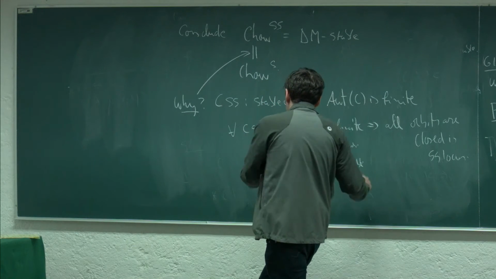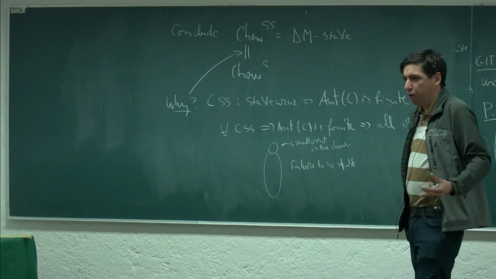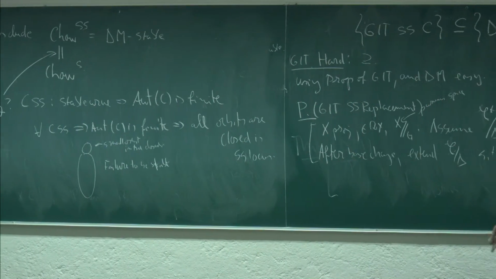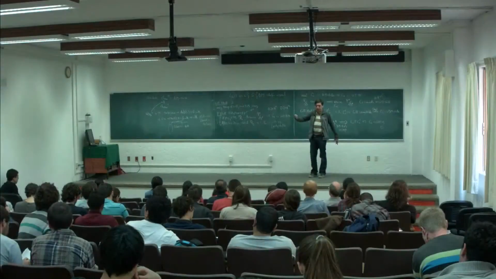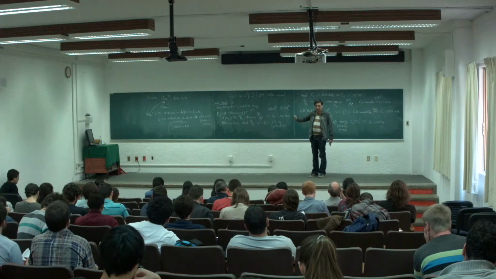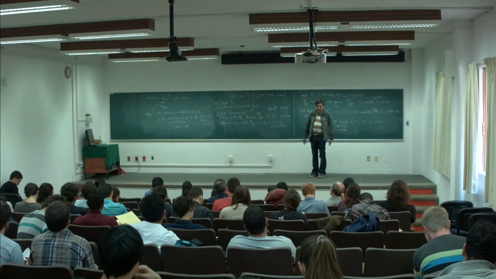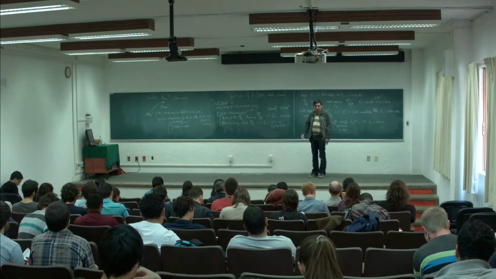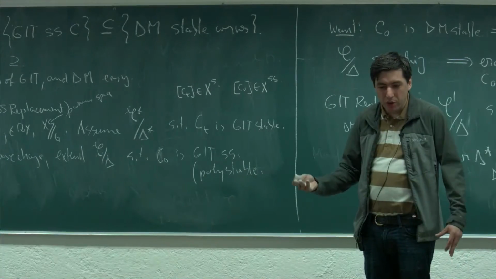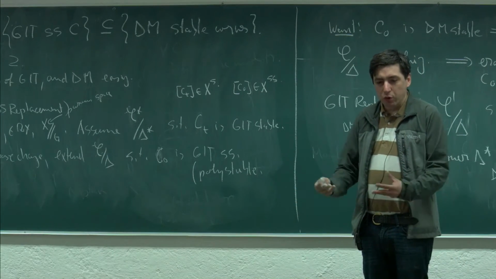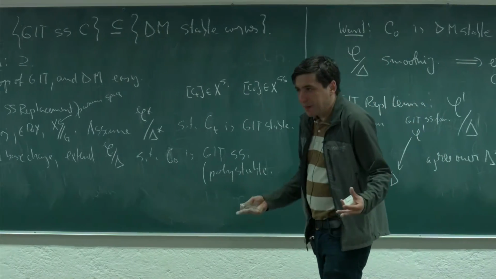But of course, this cannot happen because the dimension of the orbit is easily computed, it is the dimension of the group minus the stabilizer. So there are no smaller orbits. Because there are no smaller orbits, everything is stable.